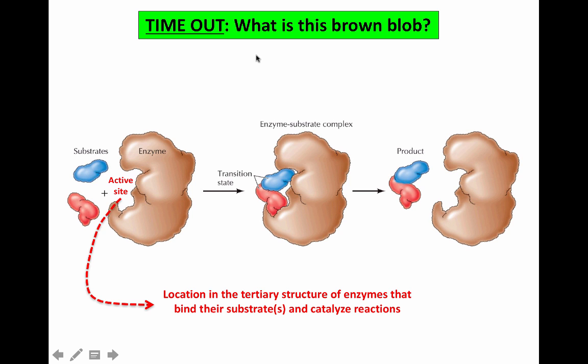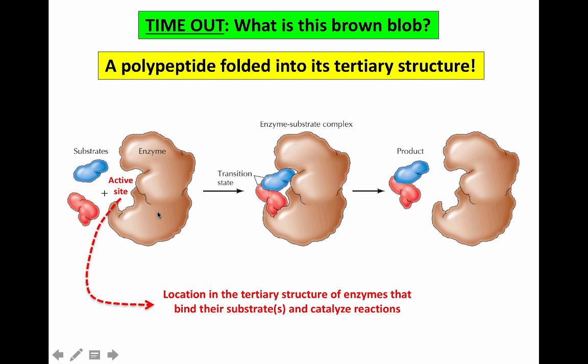Another thing I want to remind you, based off of this timeout up here, is this question of what is this brown blob here, right? The point I want to make sure you stay conscious of is that we're going to look at a lot of images of proteins that look like blobs, but try to keep track of the fact that when you see these blobs, what they're really representing are polypeptides folded into a particular tertiary structure, right?